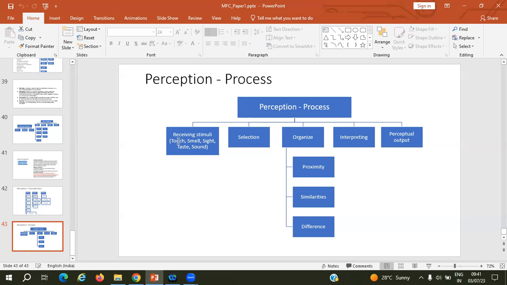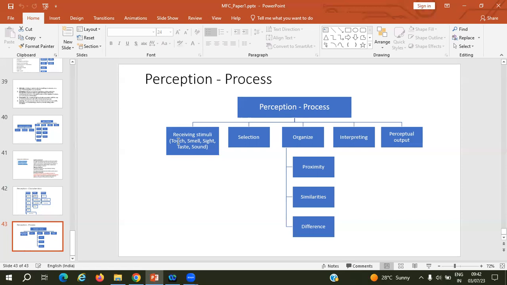Suppose you have seen that car very close to you, and that is similar to what you used to have: same color, same model, same company. So that is similarities. Differences: if there is a difference, you are having a different perception. Based on that input, you are organizing everything.